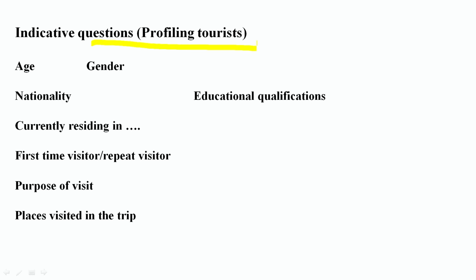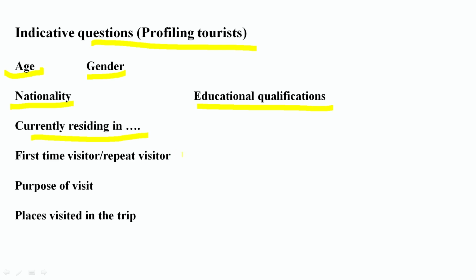This kind of questionnaires normally you get when we go to a tourist site, or even if you visit a shopping mall. So, what they ask, one aspect is age, and second one is gender, nationality, educational qualifications, then your nativity or where you are residing.